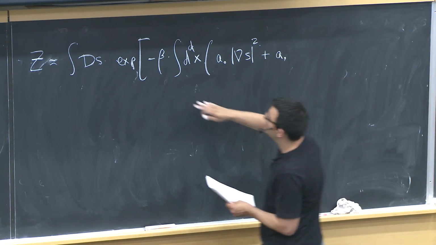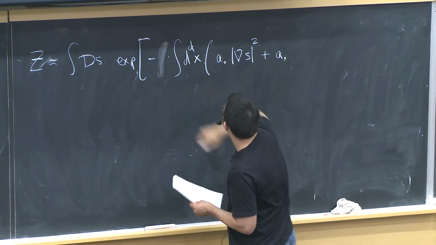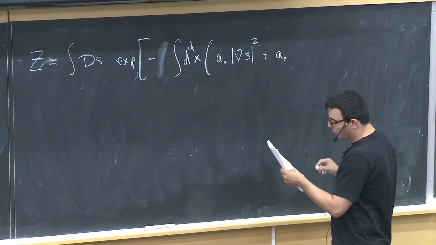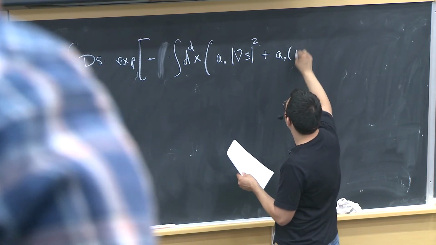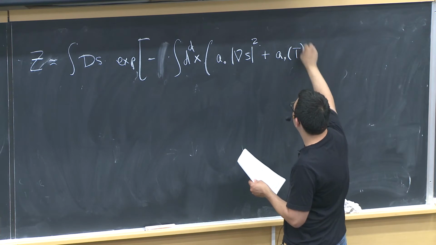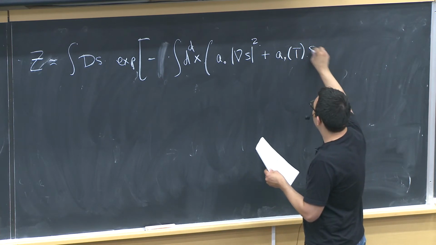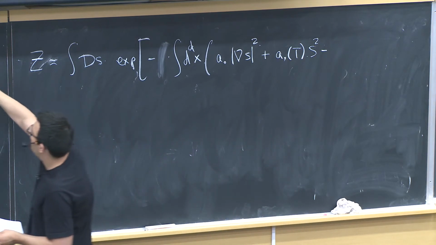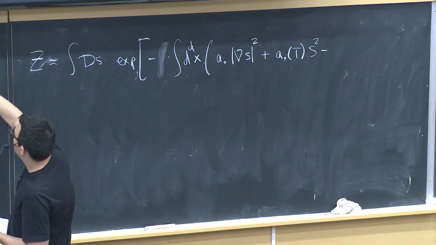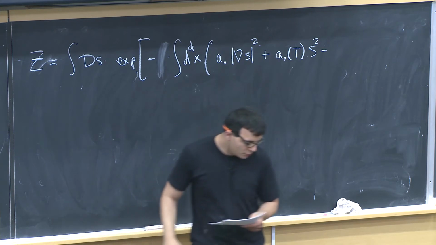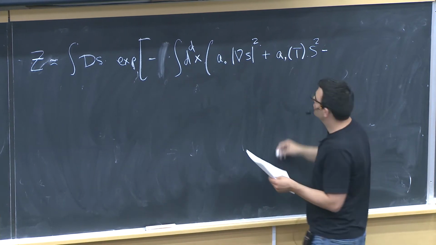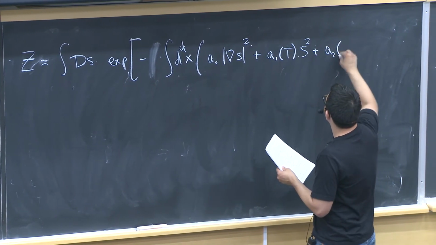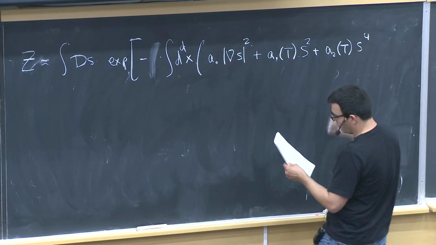You know what? Maybe I don't want the beta up front. So this coefficient will depend on the temperature T times S squared. And then from this term, I'm going to have an S to the 4 term. So this will also depend on the temperature, S to the 4th.